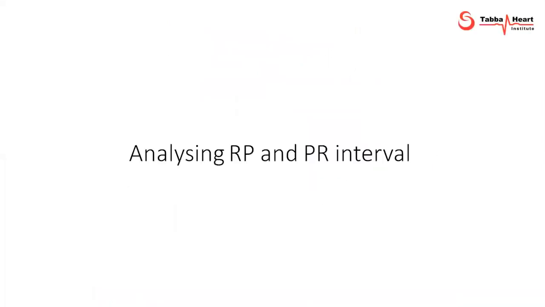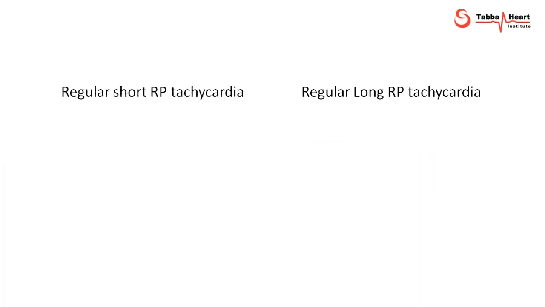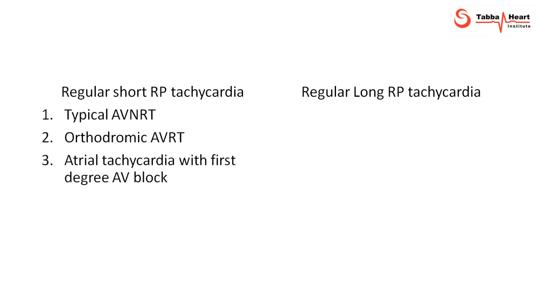So how do you analyze the RP and PR interval? First we decide what we will think of in short RP and what we will think of in long RP, in the differential diagnosis. Now what are left are AVNRT, AVRT, atrial tachycardia and sinus tachycardia. So in regular short RP, the most common is AVNRT, the typical AVNRT. Then we have orthodromic AVRT, atrial tachycardia with first degree AV block as a third option.